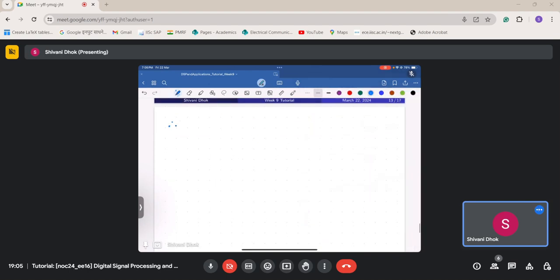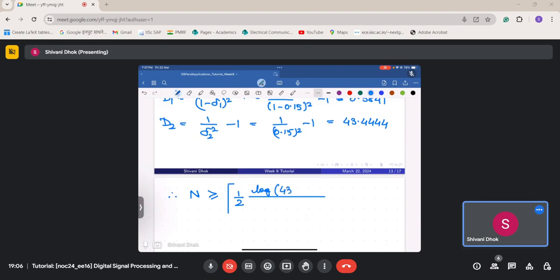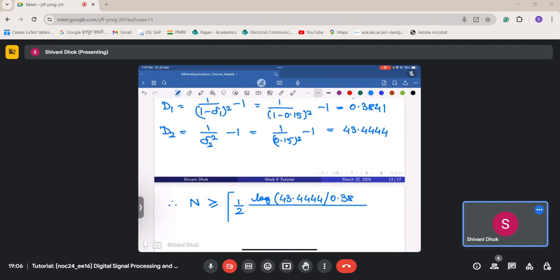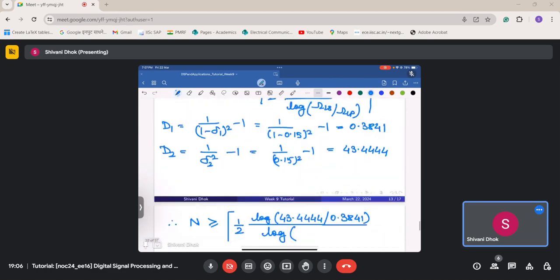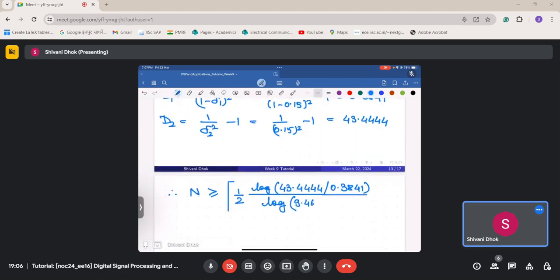So now let us find out the value of order. Therefore n should be greater than or equal to ceiling of half into log of d2, 43.4444, divided by 0.3841, upon log of omega ls, which we had found out as 9.4661, divided by omega lp as 1.